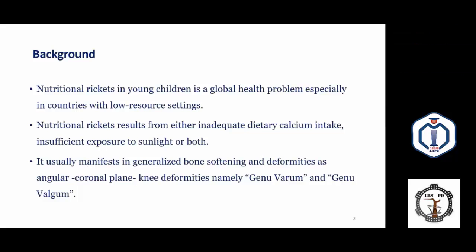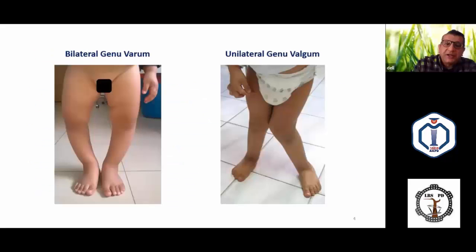Of course, we all know that rickets manifests in generalized bone deformities. It's not localized to any part of the skeleton. We are concerned here about the angular deformities around the knee, which are very common, and they can be very severe and can cause significant gait disturbances.